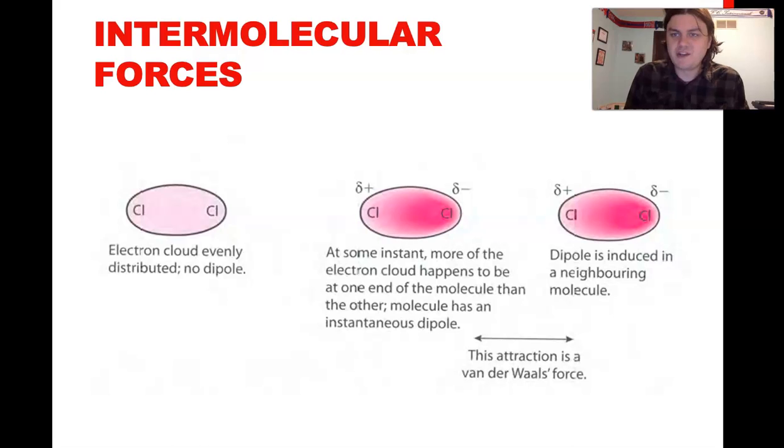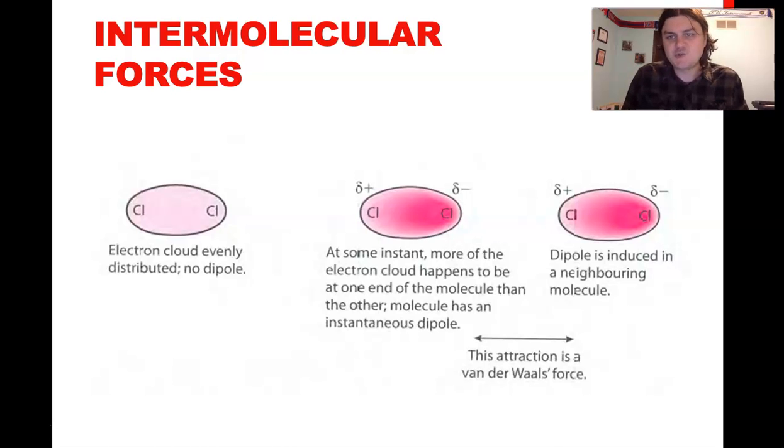That attraction is the van der Waals force. So we can look at chlorine as a nice example here. Chlorine is a halogen, so it's diatomic. On average, the electron cloud for a chlorine molecule is evenly distributed. There's not a higher concentration of electrons anywhere over the long run. However, at any given moment, because those electrons move randomly, we will end up with a higher concentration in one end than the other just by chance.